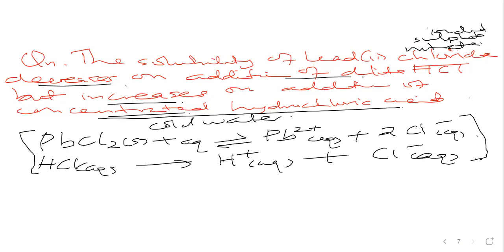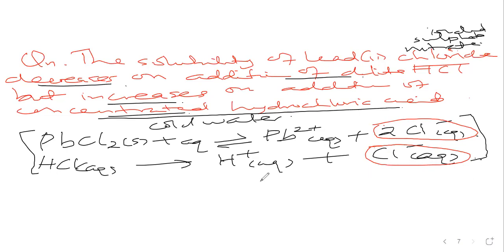Is it a common ion effect or complex ion formation? Common ion effect. Why common ion? We have chloride ions from the strong electrolyte and chloride ions from the sparingly soluble electrolyte. So that should be the basis of your explanation.